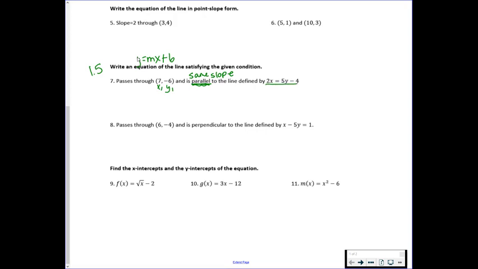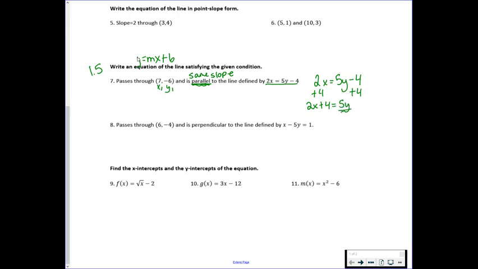So I'm going to go over here and do that. 2x equals 5y minus 4. Well, looking at that, I can't tell right off what the slope is because y is not by itself. So let's go get y by itself. Add 4, add 4. 2x plus 4 equals 5y.